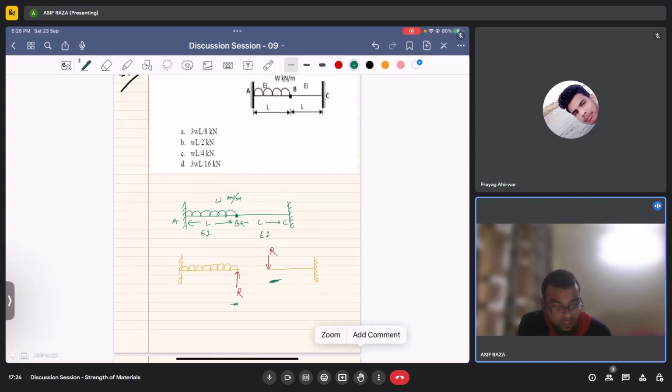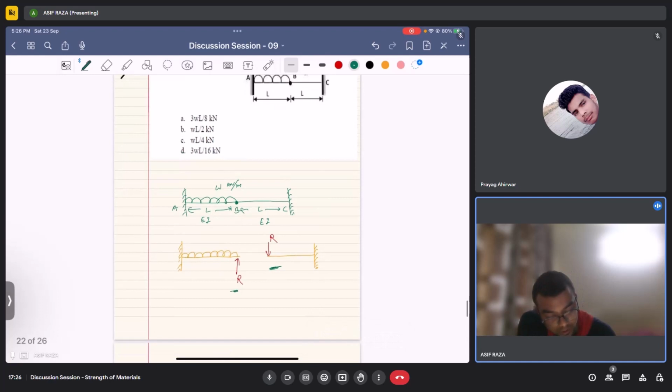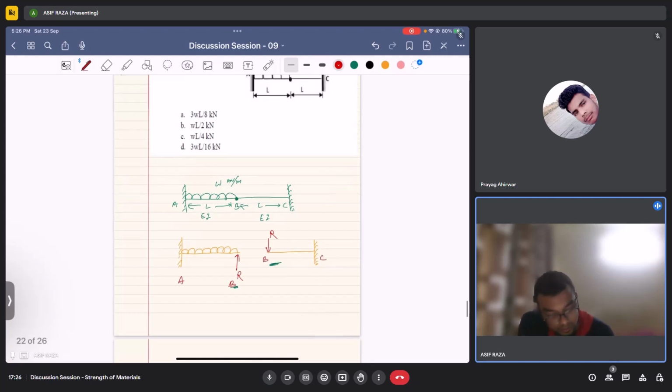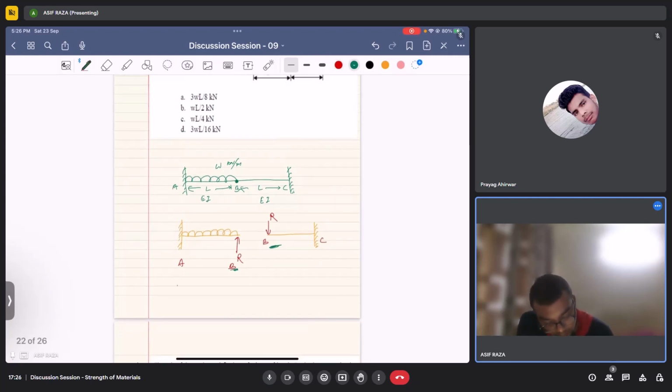So what will happen is, to maintain the continuity of the beam, the deflection for this AB and this BC, so if I say deflection at B for this beam BA should be equal to deflection at B for the section BC, right?